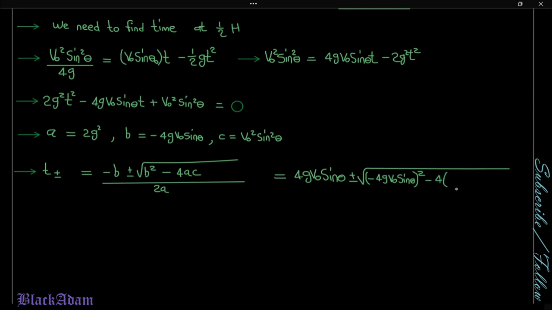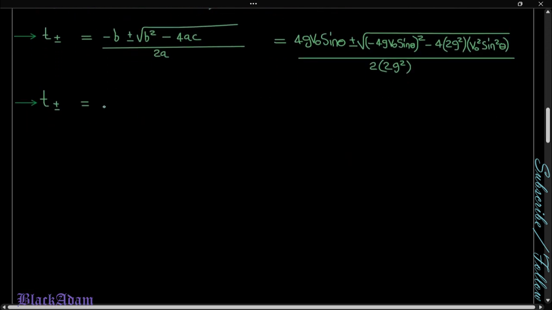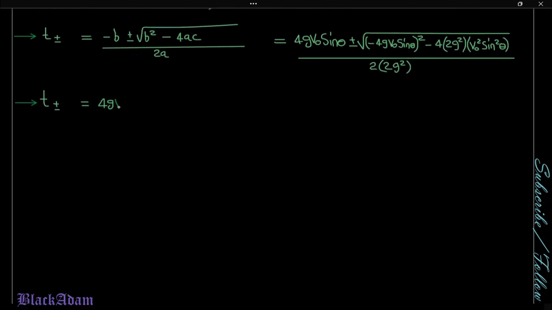We have a as 2g squared, and then c is v initial squared sine squared theta. Okay, and all that over 2, and our a is 2g squared. The next thing we need to do is simplify. So that's time again, plus or minus. Remember, I said plus is actually coming down, negative is going up according to our equation on quadratic.